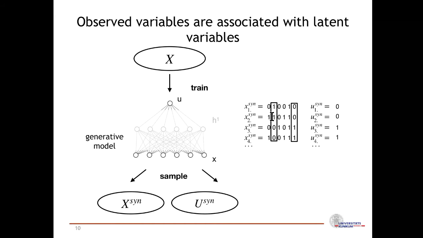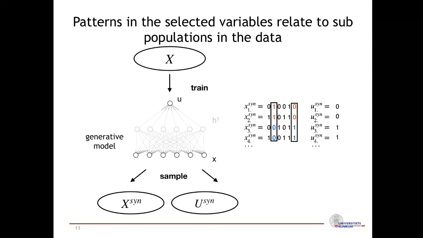So if we have 1 and 1 in the second variable, and 1 and 0 and 0 in the fifth, we have every time a 0 in the latent variable. And so we observe a pattern. And this pattern would likely be related to different subpopulations of the data.